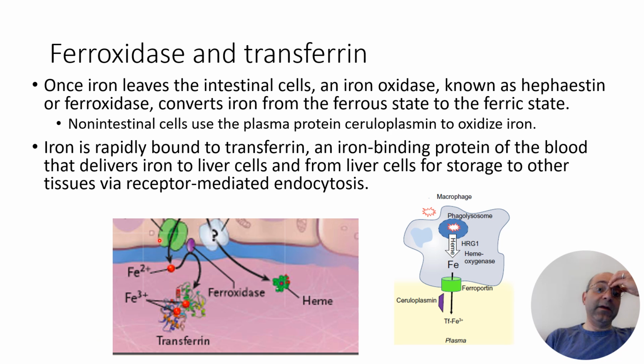Now, we said that iron would be transported out of the intestinal cells through ferroportin. As I said, the same mechanism exists in macrophages, whether transport or extraction of iron from heme, or transport out of cells through ferroportin. Once iron is transported out of cells, it has to be converted into the ferric state, Fe+3, so that it can be bound to the iron transport protein called transferrin. The oxidation of iron is done by an enzyme called hephaestin, which is a peroxidase.